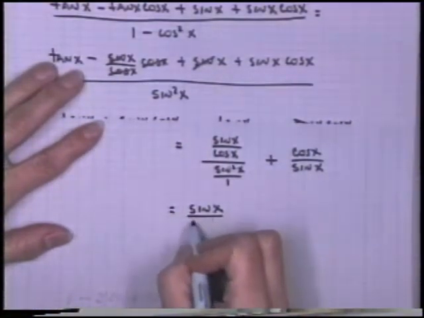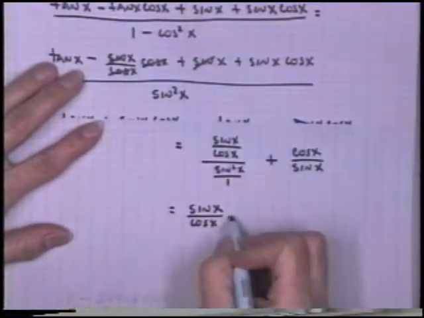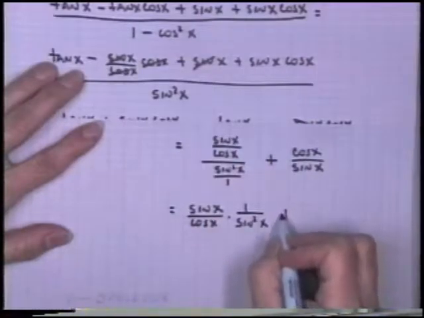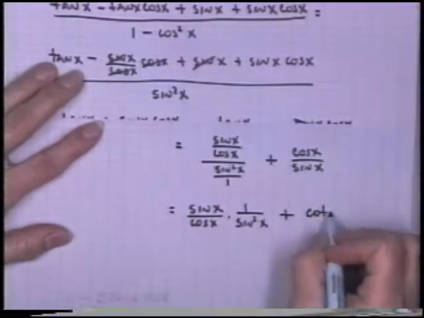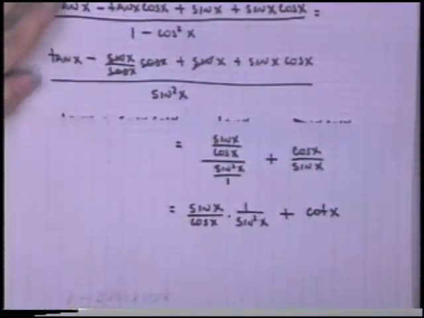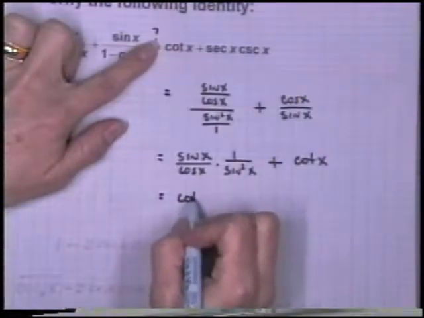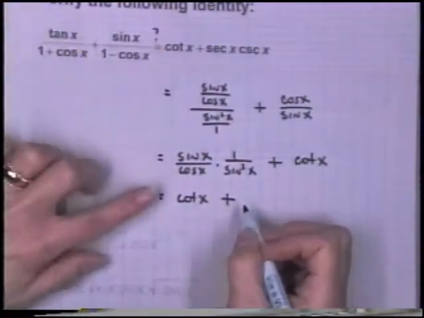Now, here we can flip and multiply, can't we? Sine x over cosine x times 1 over sine squared x plus, I'm going to go ahead and write that as cotangent x. Now, let me glance back up here. I wanted the cotangent x first, so I'm going to rearrange these right now.